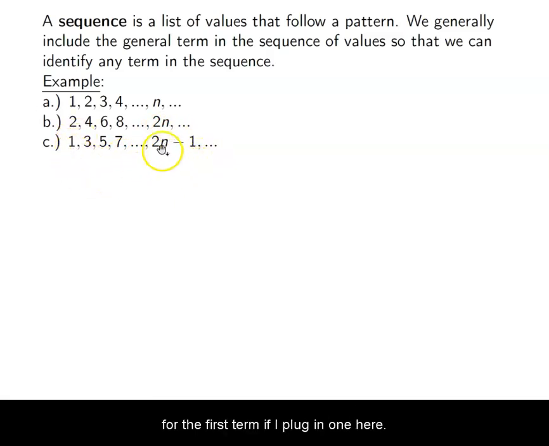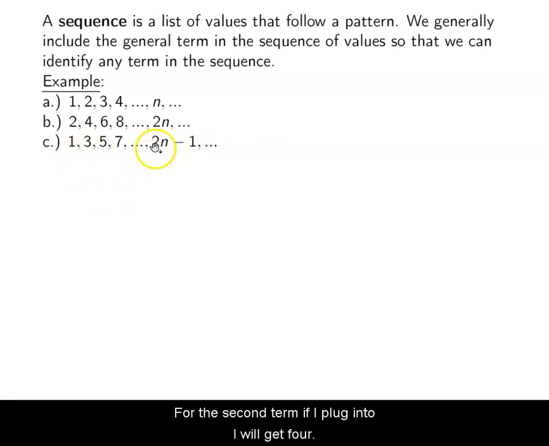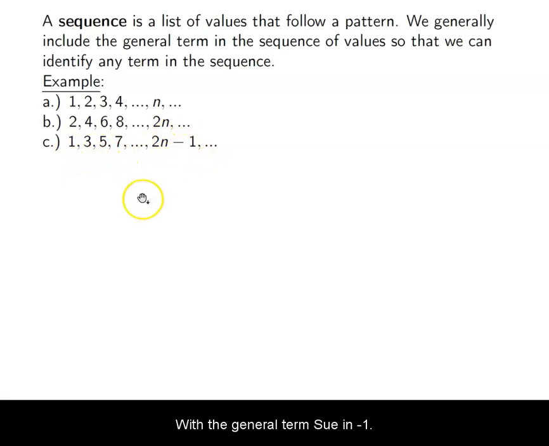So for the first term, if I plug in 1 here, I get 2, minus 1 will be 1. For the second term, if I plug in 2, I will get 4, minus 1 will give me 3. 3 times 2 is 6, minus 1 is 5. 4 times 2 is 8, minus 1 is 7. So we can describe the positive odd numbers with the general term 2n minus 1.